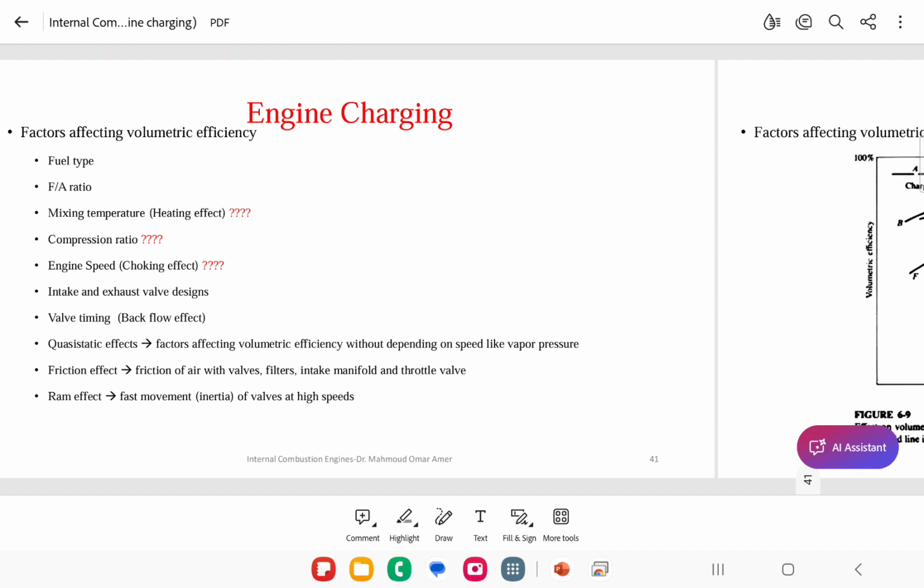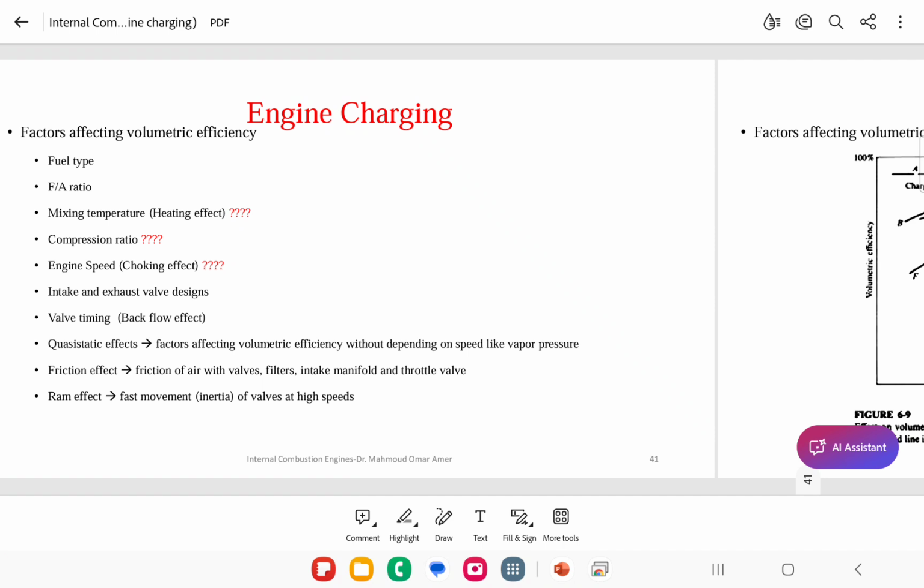The friction effects: the air passes through the intake manifold, the valves, and enters the cylinder, and it also passes through the throttle valve. If all these components create friction between their surfaces and the entering air, and this friction is high, it could choke the charging amount of the engine.